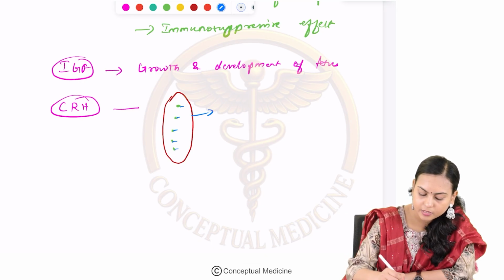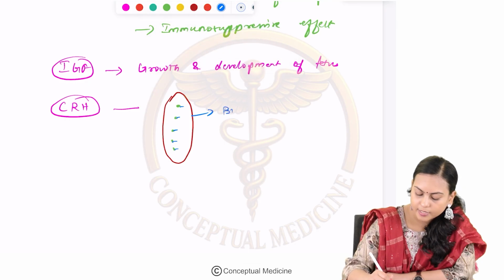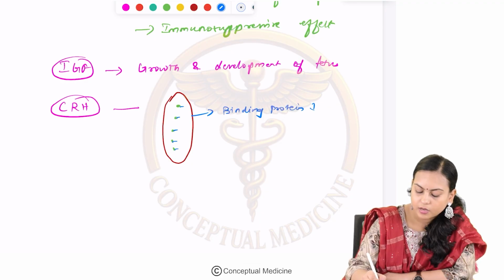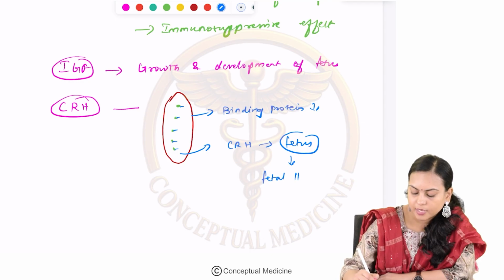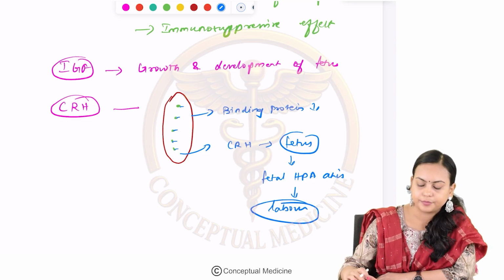At term what happens is these binding proteins levels decrease and CRH is going to freely pass through the placenta and reach the fetus, and it stimulates the fetal HPA axis, and this is one mechanism initiating labor.